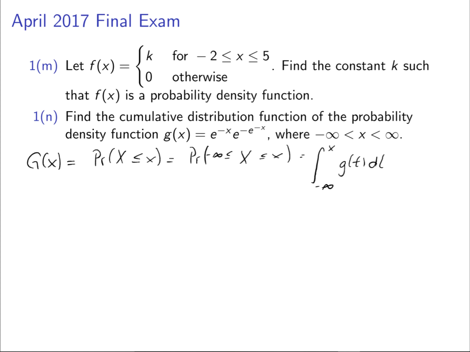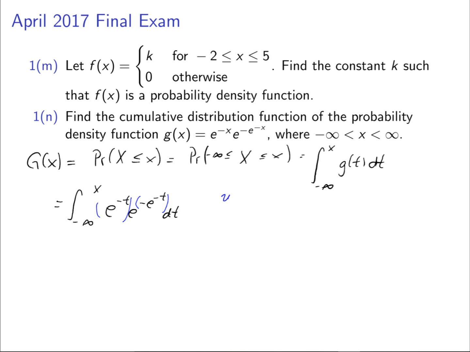probability density function. So remember, to go from the PDF to the CDF we take the area under the curve from negative infinity to x. In this case, our probability density function is e to the minus t times e to the minus e to the minus t. We can solve this using a u substitution. I have this as an inside function, and its derivative shows up multiplied.